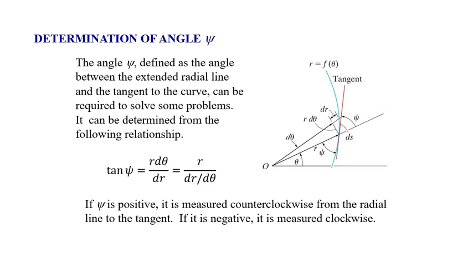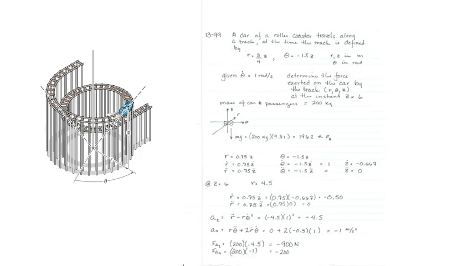So to help us with this, I've got another example. This one happens to be a roller coaster problem, and it's 13-99. Let me read it to you so that you have it as well.